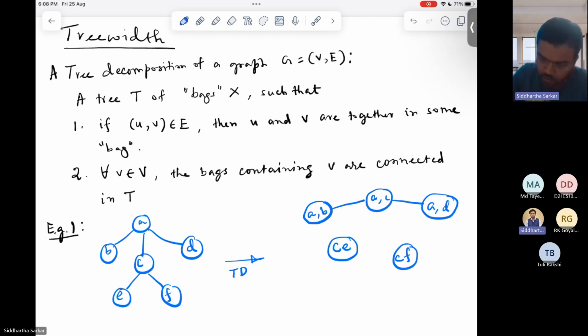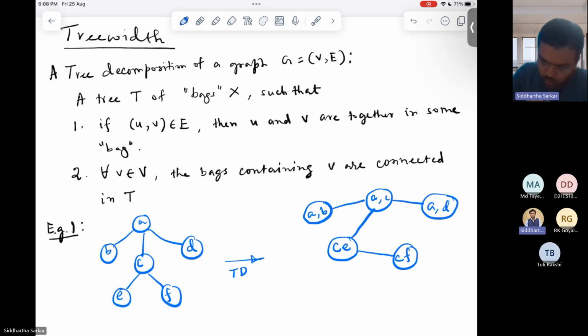How about B? B has degree 1, so it is only contained here. So nothing to do. How about C? C is contained here, C is contained here. So these two should be connected.